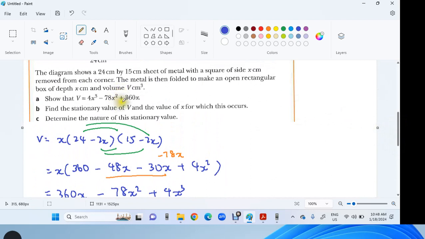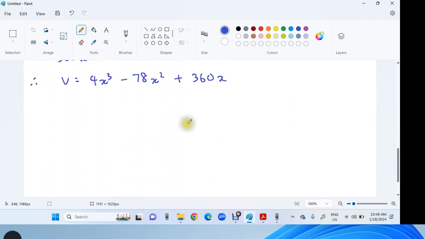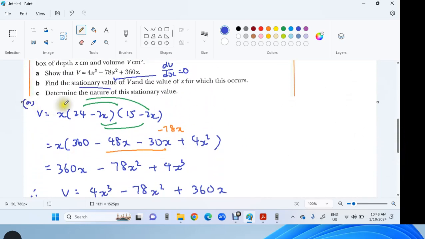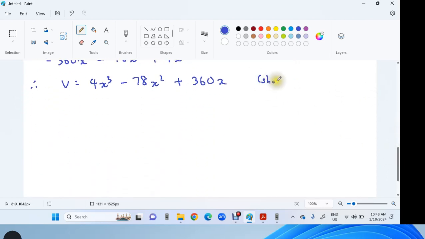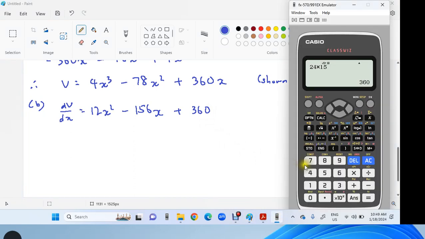They want to find the stationary value of v and the value of x at which this occurs. For the stationary value of v, dv/dx equals 0. So we have v here, this is part a, and here shown is part b. The dv/dx is 12x squared minus 156x plus 360, since 78 times 2 is 156.